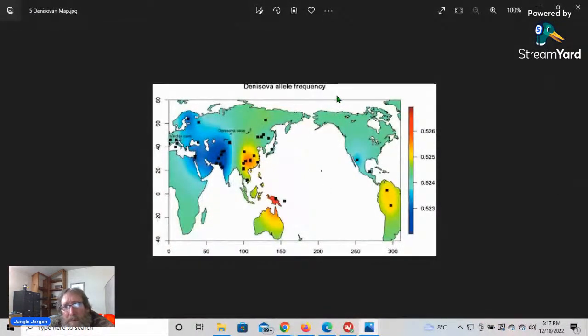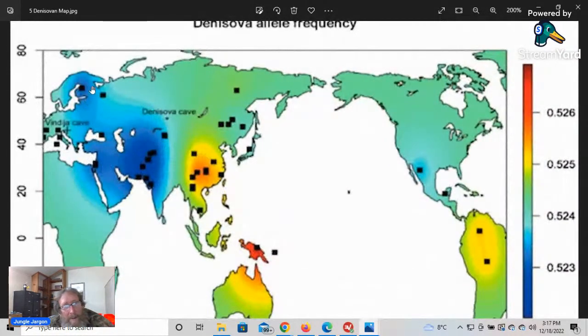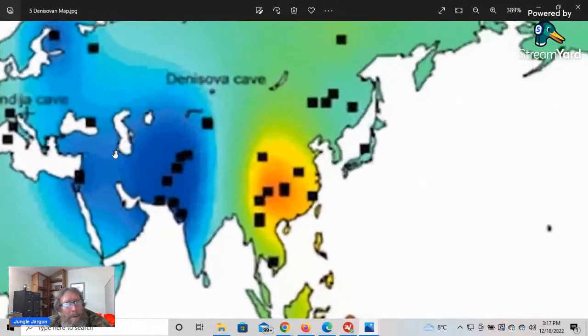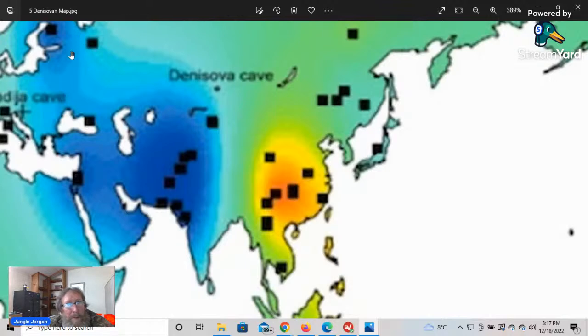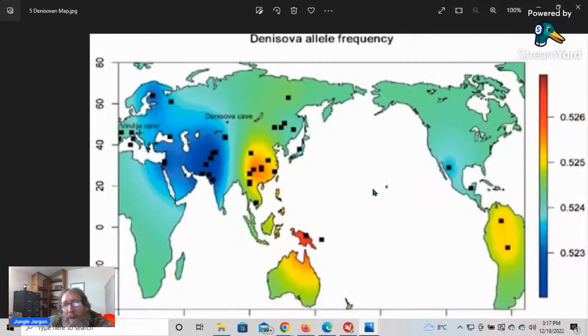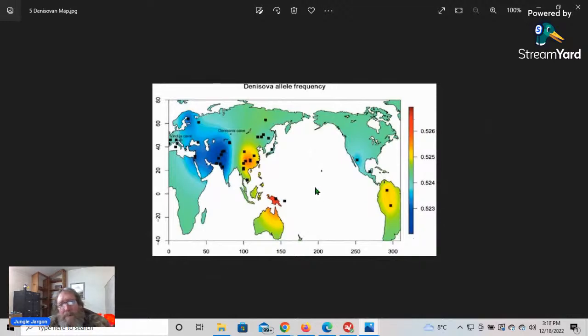Denisovan allele frequency, not Semitic. This area of the Semitic population here, this is more Semitic population here, not Semitic. It's cold. It's cold for being Denisovan.